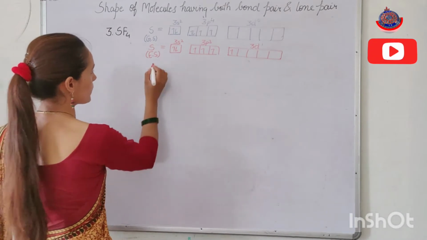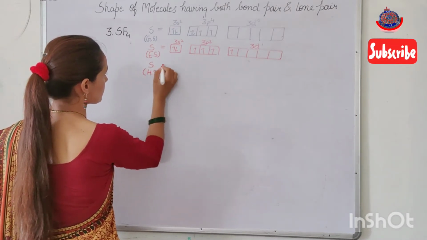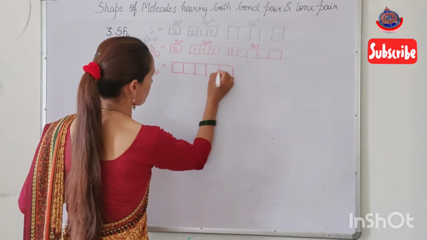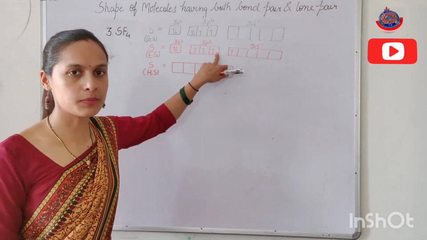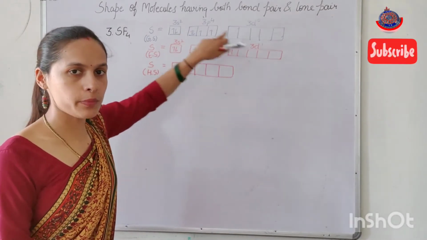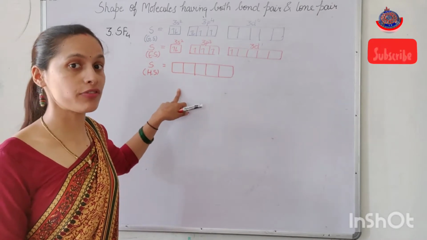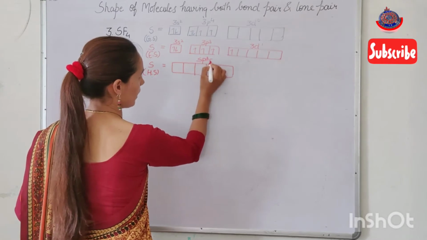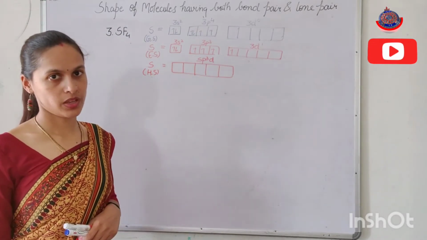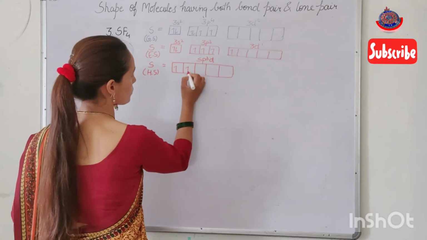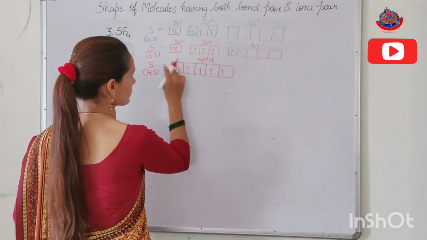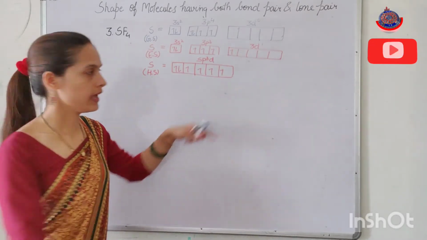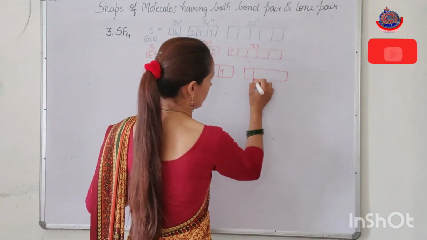In the hybrid state, we get 5 hybrid orbitals, because 5 atomic orbitals combine to form 5 hybrid orbitals, and the name of these hybrid orbitals is sp3d. And if I fill the electrons, total 6 electrons are there, so I'll fill like this. And the unhybridized d orbitals are here.